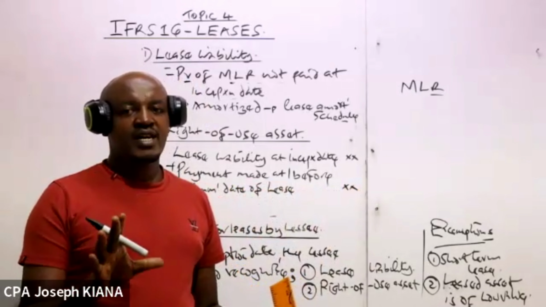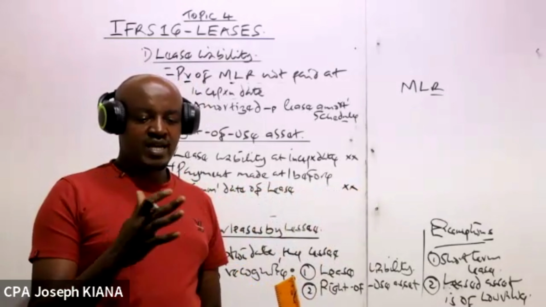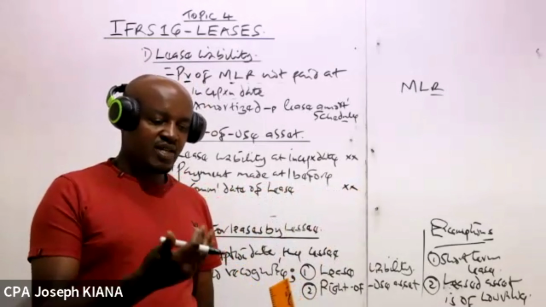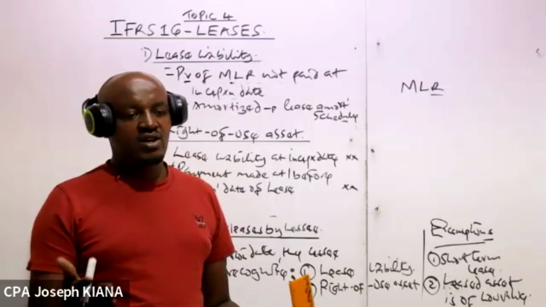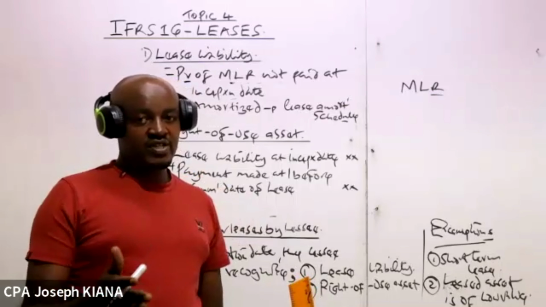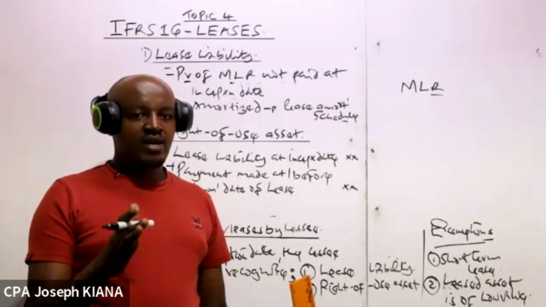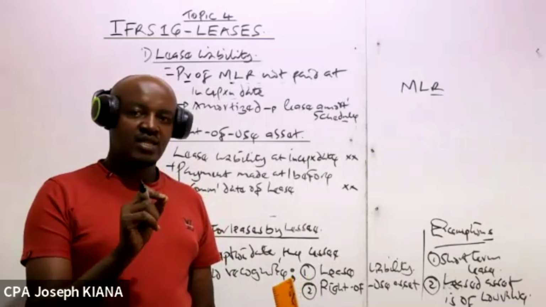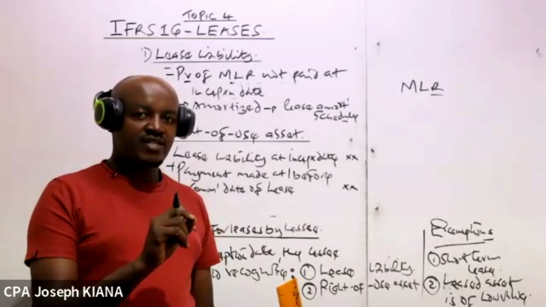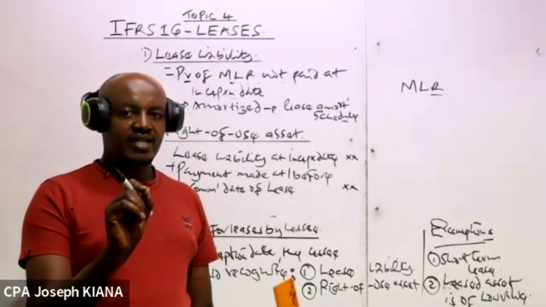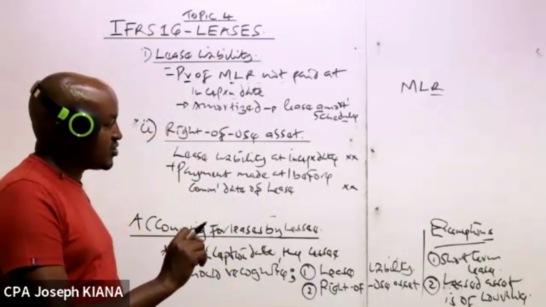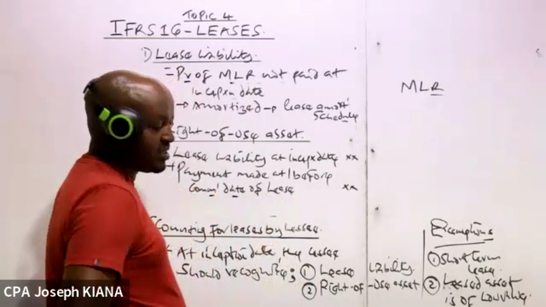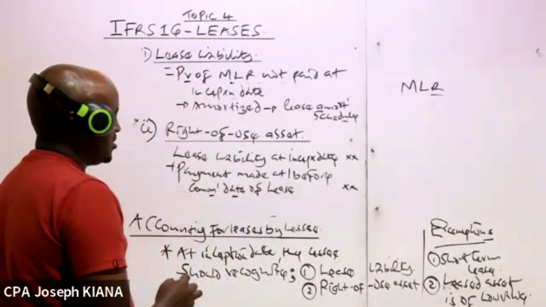If you lease an asset, you may agree with the owner of that asset that the minimum lease rentals will be paid at the start of the year, or may be payable at the end. So if it is payable at the start of the year, then it means that the minimum lease rentals for the first year will be paid at the commencement date. So therefore, the minimum lease rentals you paid at the commencement date of the lease is what we include here.